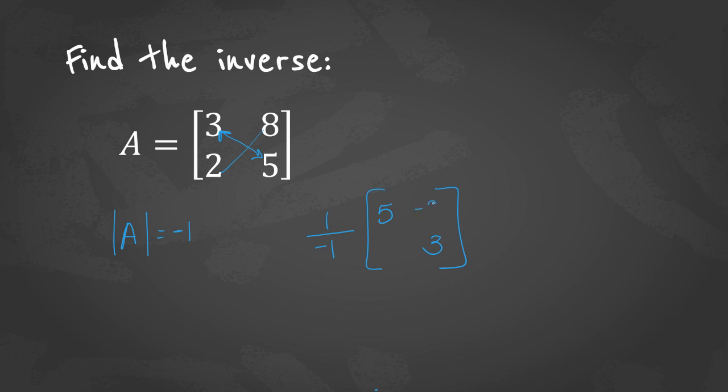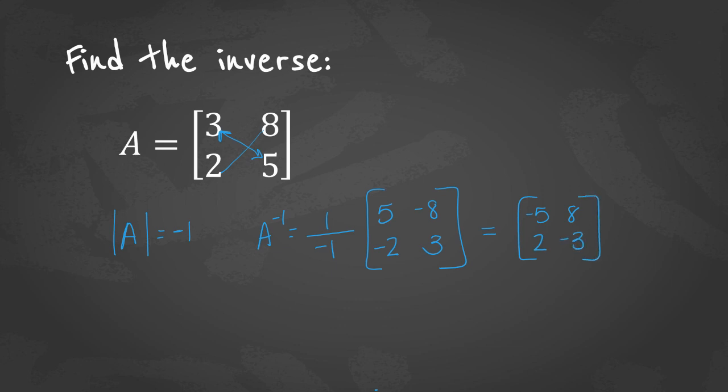And I'm going to change the signs of B and C. And now I'm going to multiply this by 1 over negative 1, which is negative 1, which means that my inverse matrix is, I should probably write that correctly, shouldn't I? Negative 5, positive 8, positive 2, negative 3.